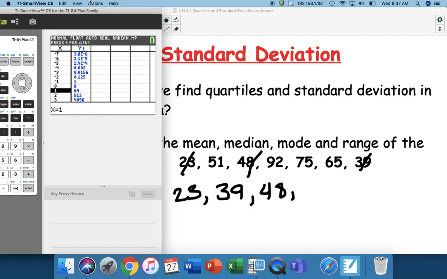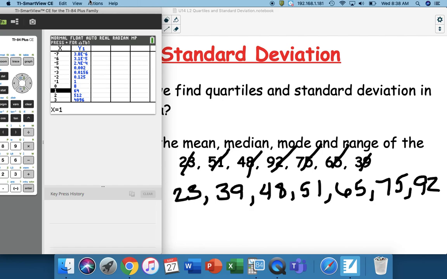Then I see 51. Then I see 65. 75. And 92. All right, so I figured out my order there.